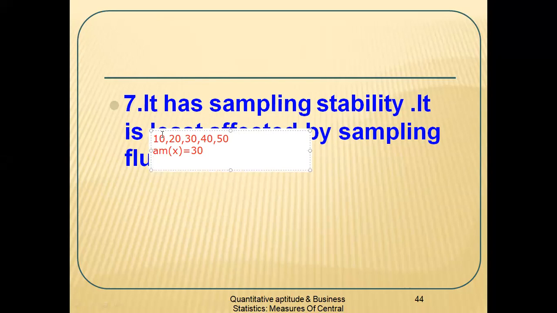Now instead of 50, if I consider the number as 50,000, what is your arithmetic mean? Add all the numbers and divide by the number of observations. That means 50,000 plus 40 plus 30 plus 20 plus 10.